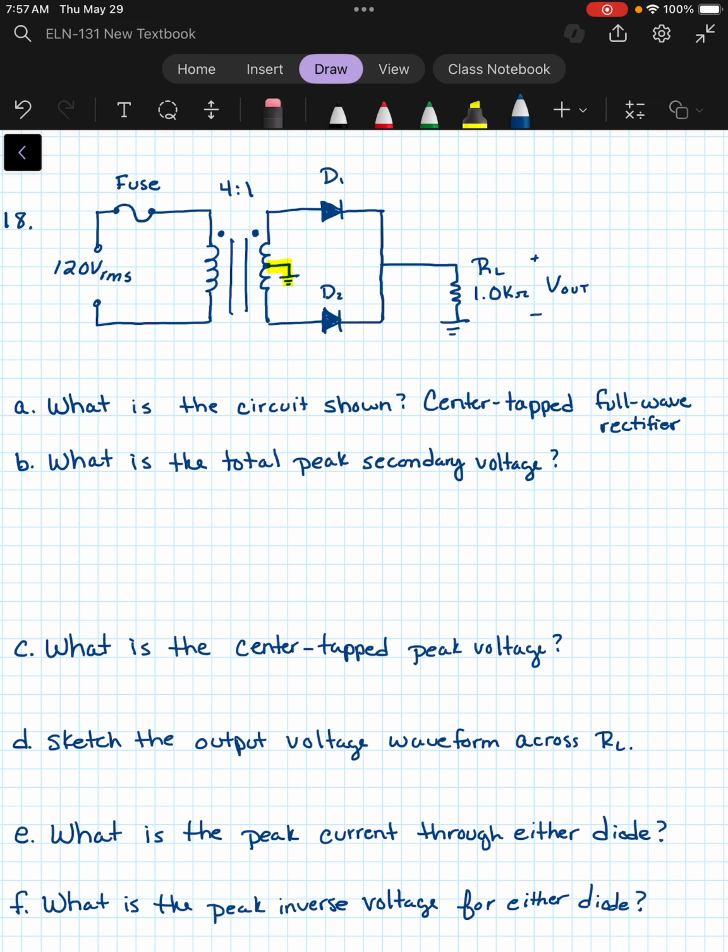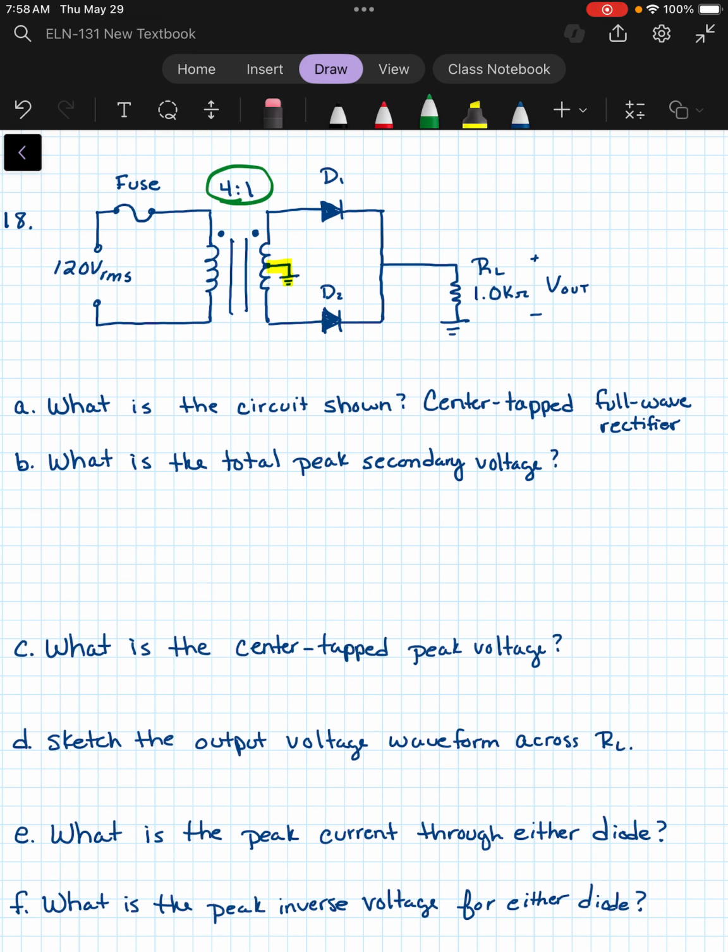Okay. What is the total peak secondary voltage? So we're just looking at the secondary voltage here, and we see that we have a 4-to-1 ratio for that step-down transformer. And so we can do this a couple ways.